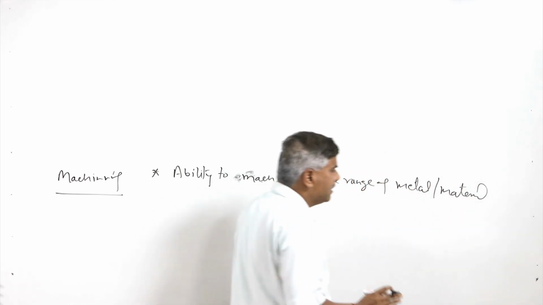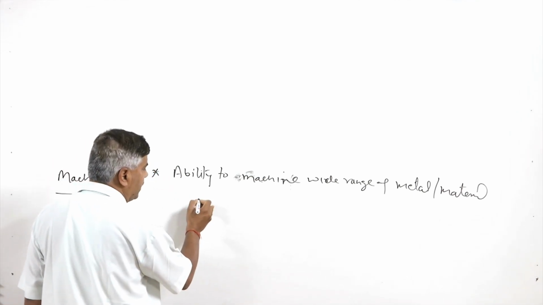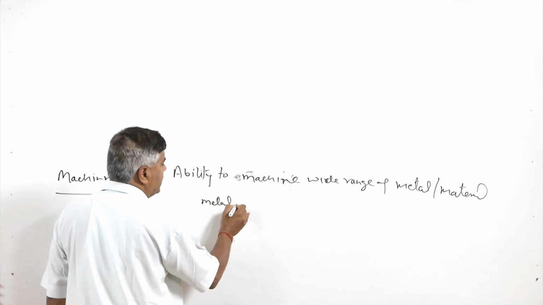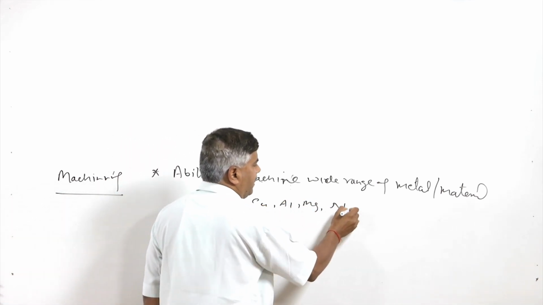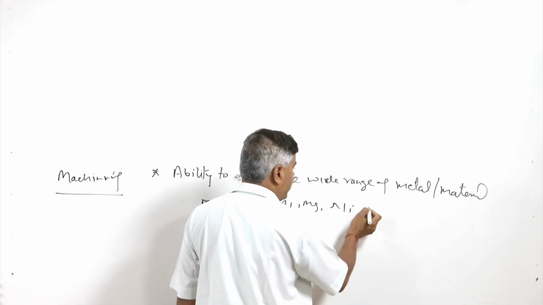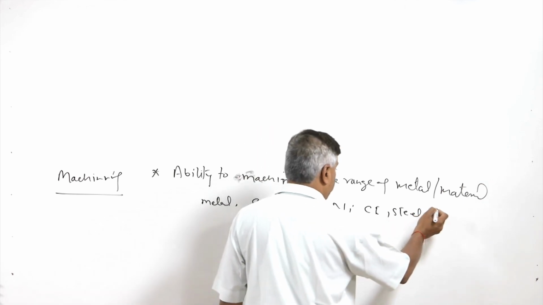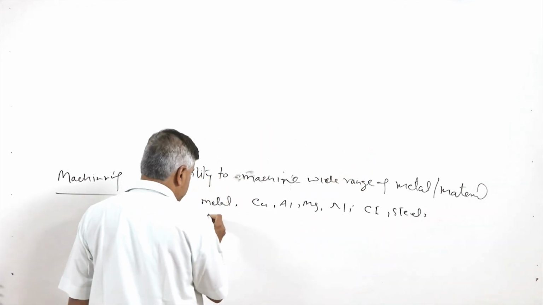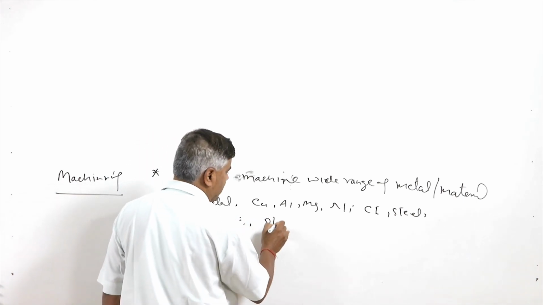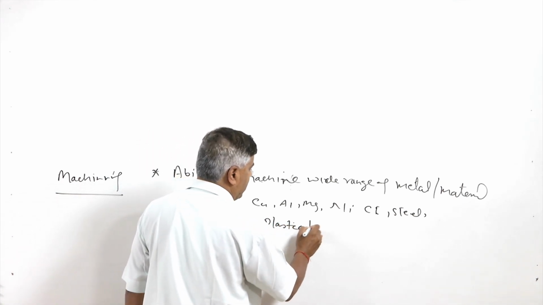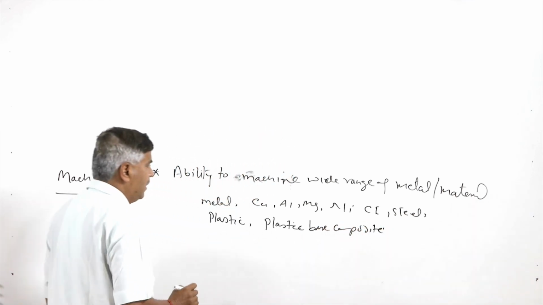So, not necessarily just metals will be processed, the machining can be done of the metals ranging from like say the copper, aluminum, magnesium, nickel, then cast iron, steels, and not only these, but these also can be used for machining of the plastics and the plastic based composites in order to get the desired size and shape.